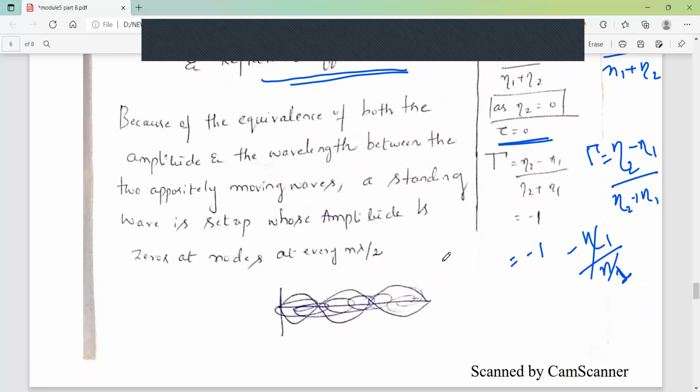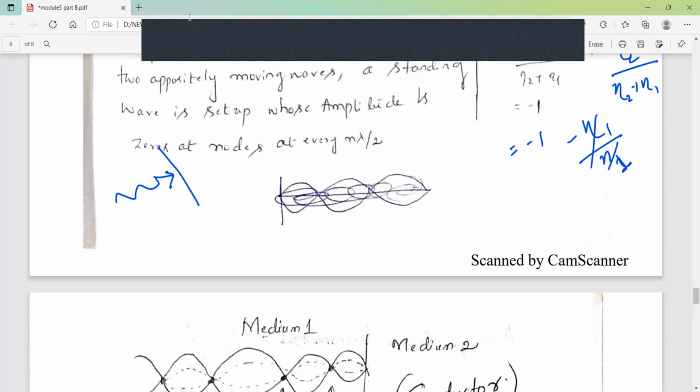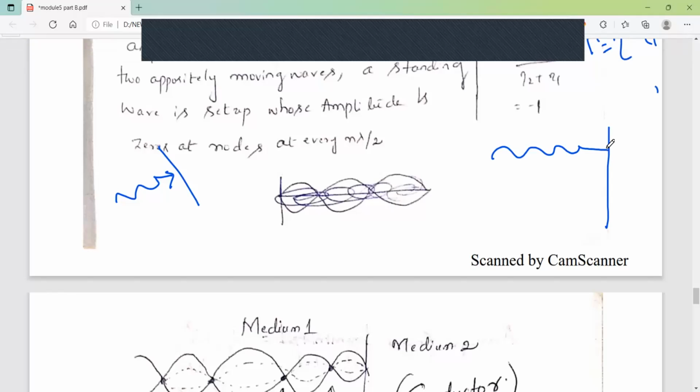Now let us understand the meaning of this. Just observe, a wave is traveling. Let me draw it properly so that you get an idea. Let's say a wave is traveling and interacting with the surface.